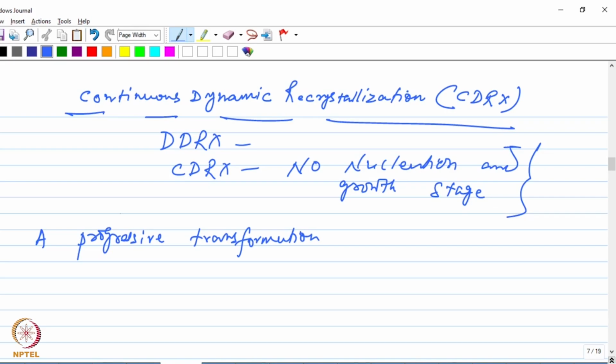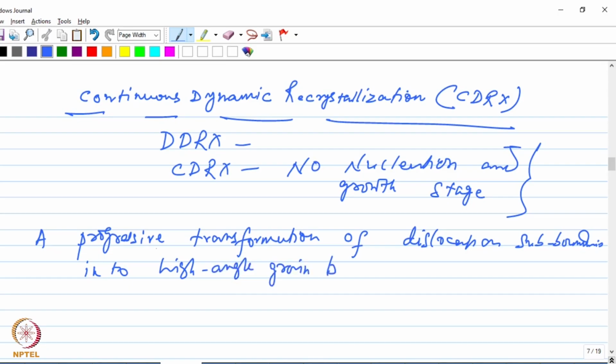So CDRX involves a progressive transformation of dislocation subboundaries into high angle boundaries, leading to the formation of the strain-free grains.